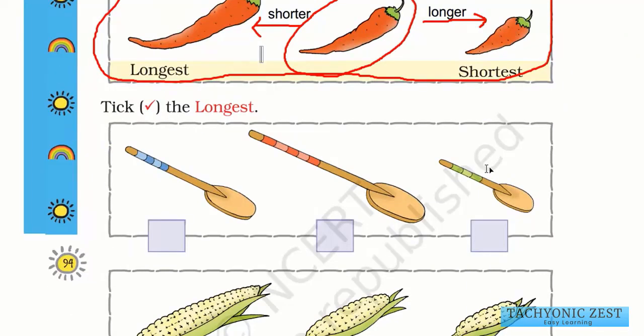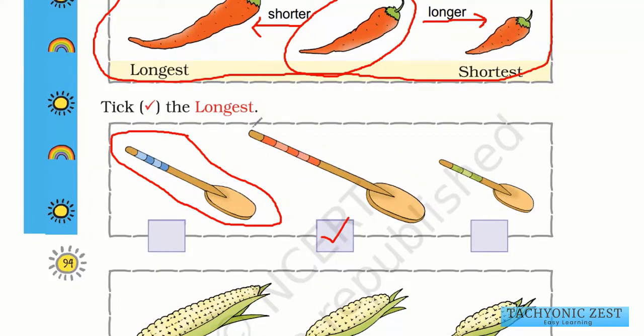In the next question we have to take the longest. In terms of size, the longest item over here is this one, so the right answer would be this one. This is the longest among all these 3. Now if we see this object over here, it is shorter as compared to this one.